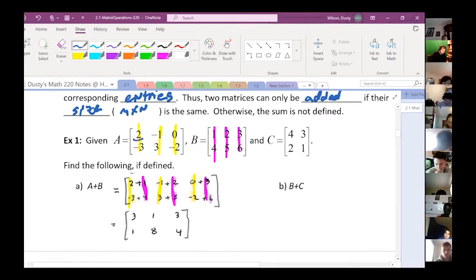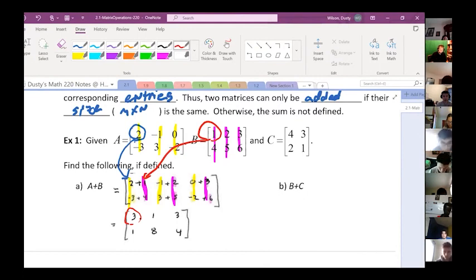So I'm taking the 2 here, and I'm adding it to the 1 there, giving me the 3 below. So just add corresponding entries. Probably exactly like you would expect it to happen.